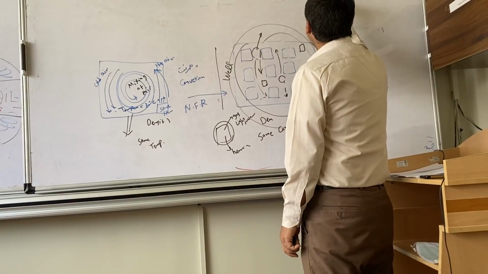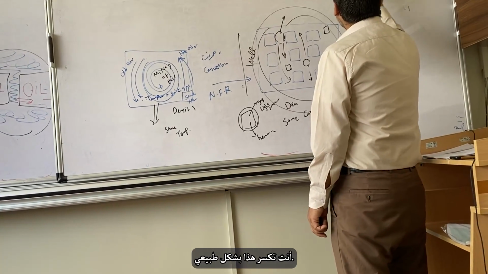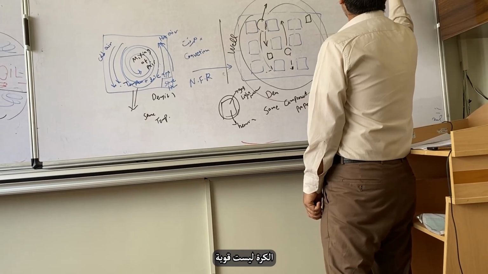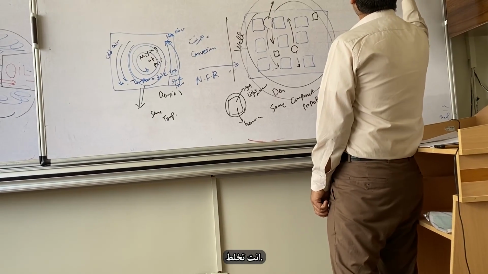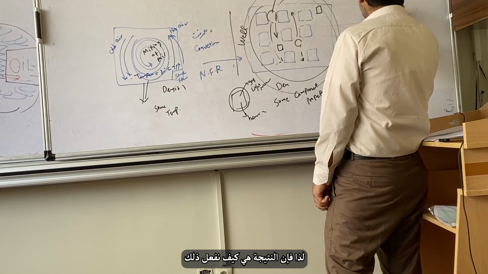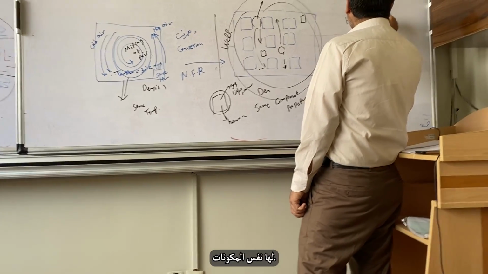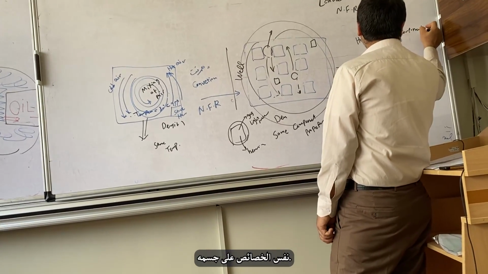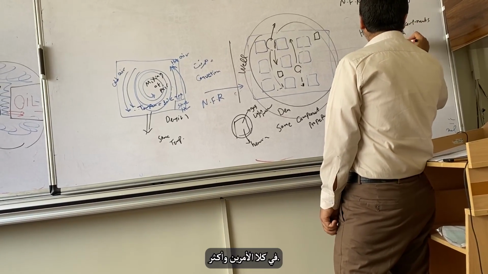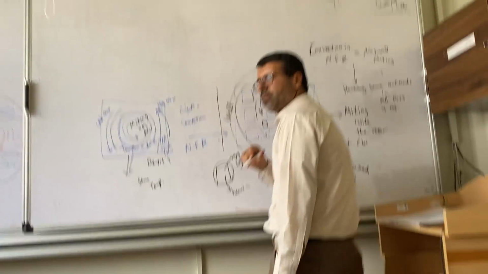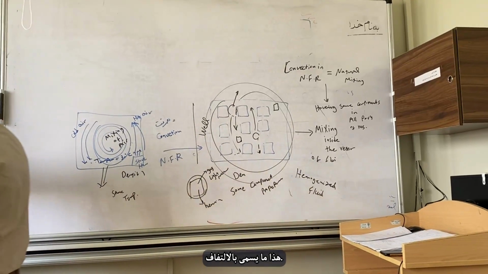Convection in a naturally fractured reservoir is natural mixing. So the result is having the same components and the same properties in all parts of the reservoir. This is called convection.